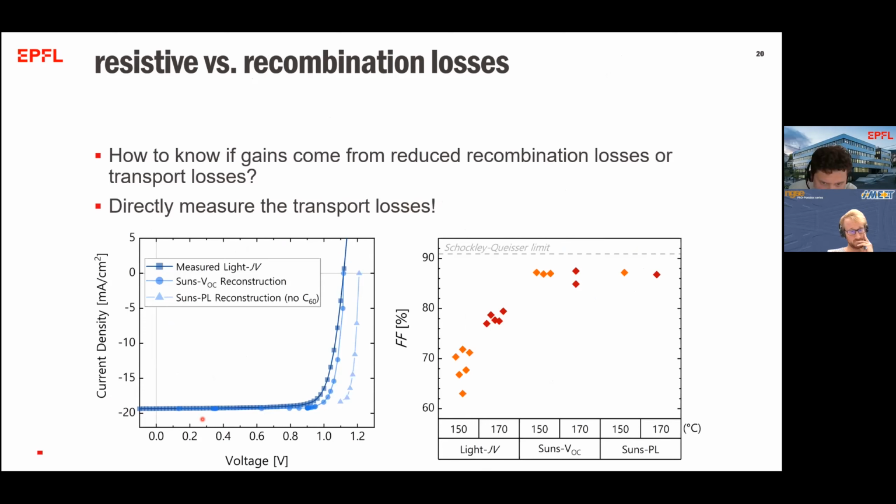We measured the quasi-Fermi level splitting of the perovskite layer without C60, so removing one of the charge transport layers, and did that as a function of light intensity, and thereby you can again quantify the potential of this semiconductor.